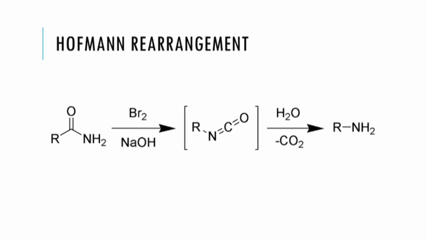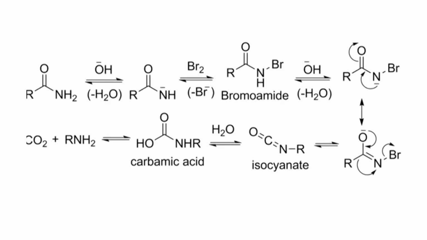The next rearrangement that we're going to look at is the Hofmann rearrangement, and the Hofmann rearrangement also involves isocyanate, and this is one of the standard and very famous rearrangements. It's also called the Hofmann bromamide reaction. So here you react an amide with bromine and you end up with an amine. Okay, and it goes through an isocyanate intermediate.